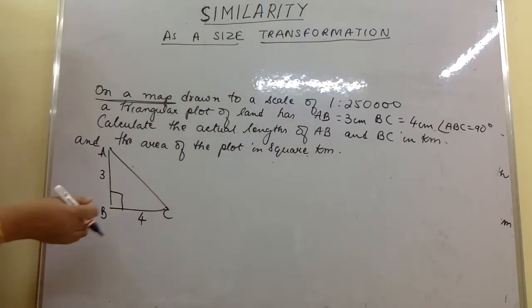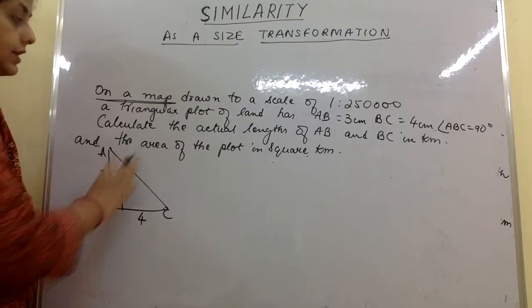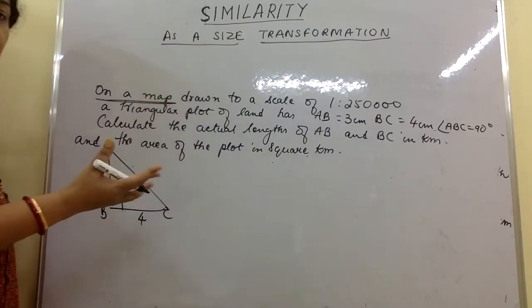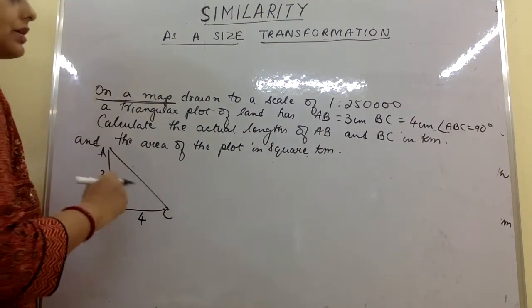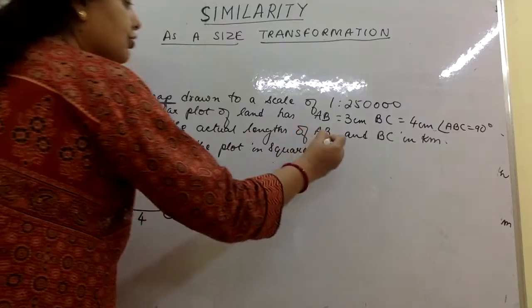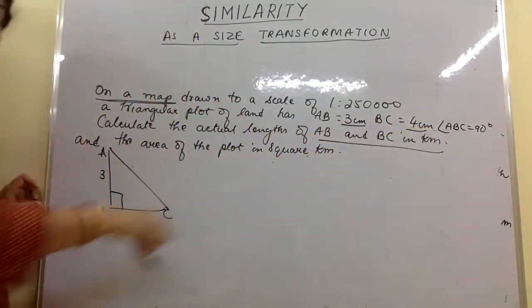So here AB is 3, BC is 4, angle is 90 degree. Calculate the actual length of AB in kilometers, means in the actual plot, and the area of the plot. So in the actual plot, and that too the actual length they want in kilometers, though this is given in centimeters. This is something to be noted.